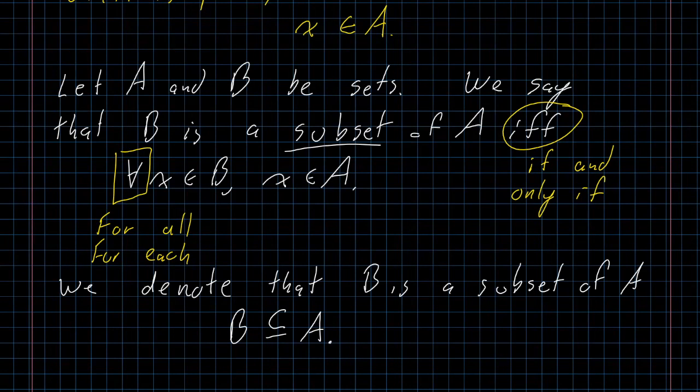We denote that B is a subset of A using this symbol. It's a C with a line underneath it instead of a line in the middle.